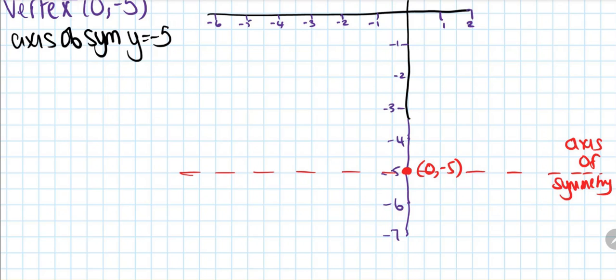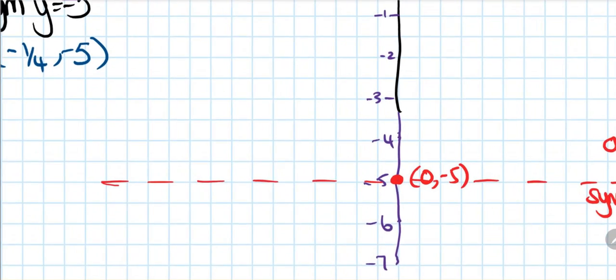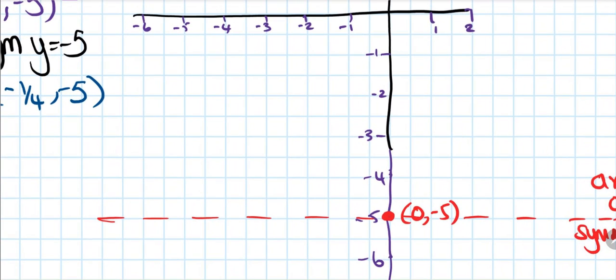Our focus, the coordinates for our focus, we just worked out at minus 1/4, minus 5. So let's make this a bit bigger. This is going to be literally here. So it's going to be a small space.